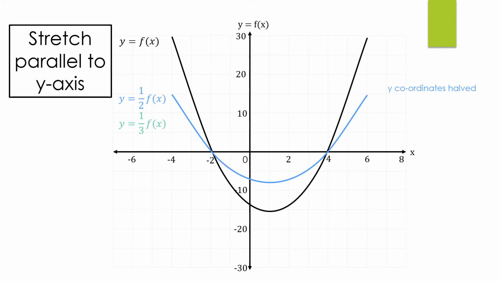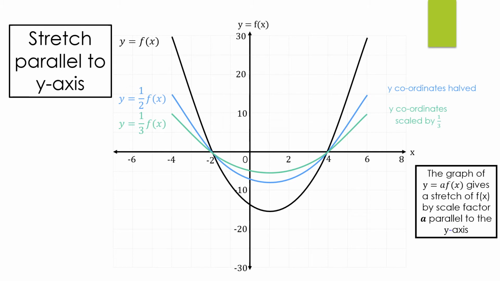If we were looking at y equals a third of f of x, then it makes sense that our y coordinates are being scaled by a third. So our roots again stay fixed, and our (1, -15) becomes (1, -5) as our minimum turning point.